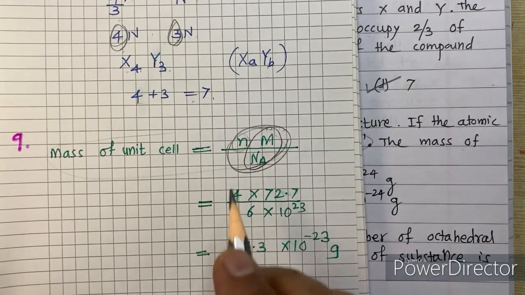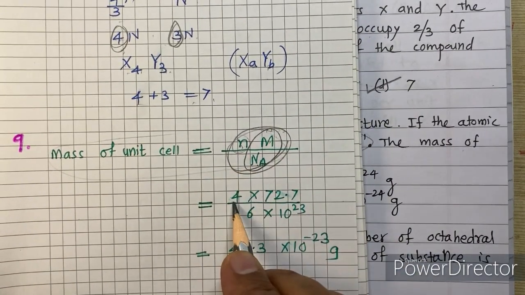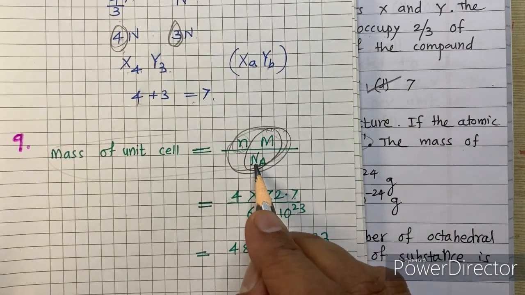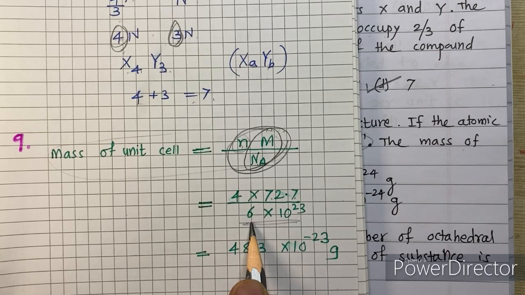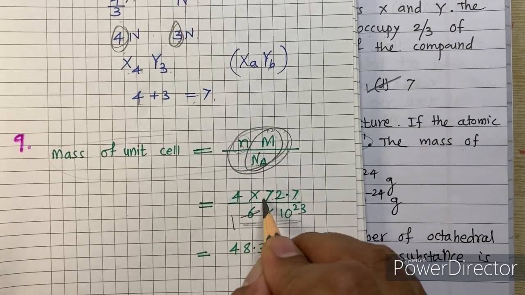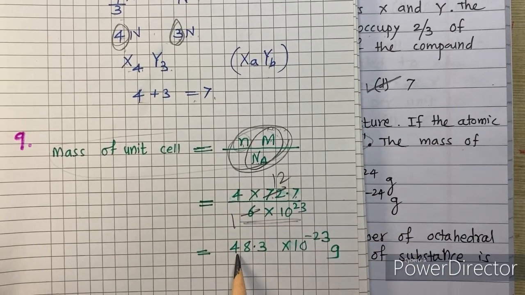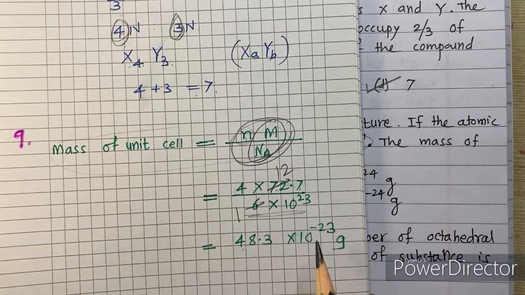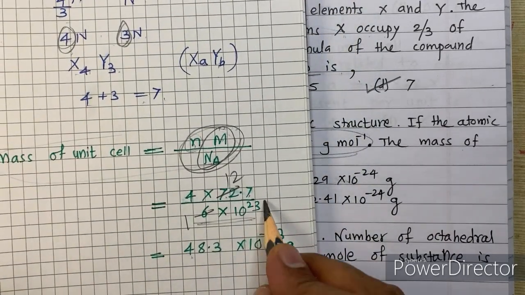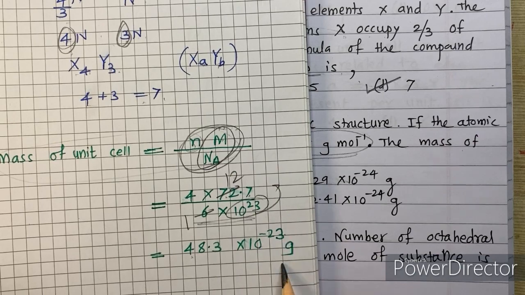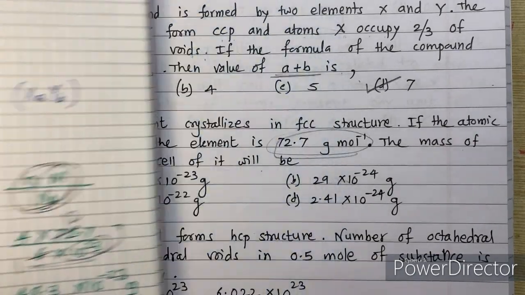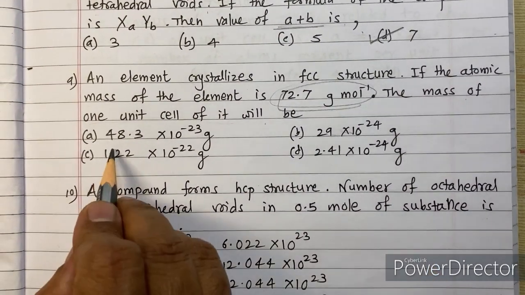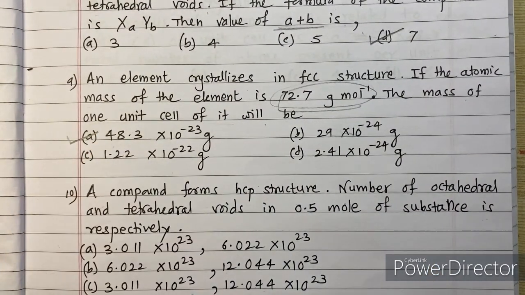Now FCC structure, therefore n is equal to 4, molar mass is given, divided by Avogadro's number of particles, approximately 6. Now here 6 ones are, 12, 12 fours are 48, 48.3 into 10 raised to minus 23. This is the mass of the unit cell. The answer is 48, that is this one.